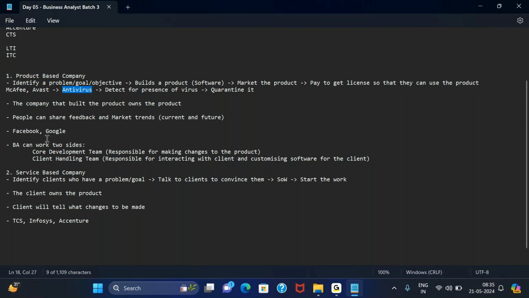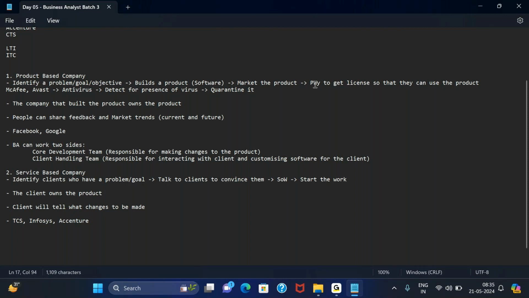Now, when I am advertising my product and trying to convince a client, good product-based companies have divided their features into individual products.